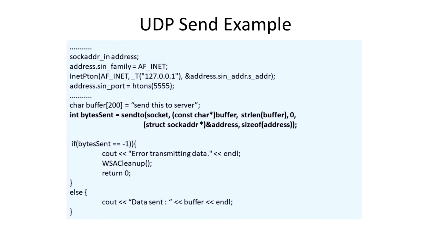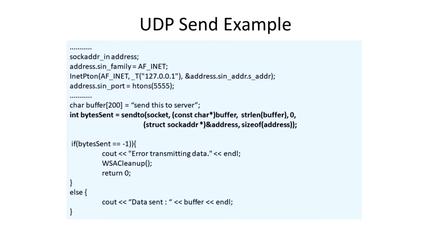So let's backtrack and just look at the others. So the first parameter of sendto is the socket, which we assume was set up correctly when we created it. And then we've got the buffer. So in the first line above sendto, we're creating just a character array and got a message to send to the server. Let's assume this is the client and sending to the server. So that's the second parameter, which we pass in the message, and then work out the length. So here we're using strlen this time.